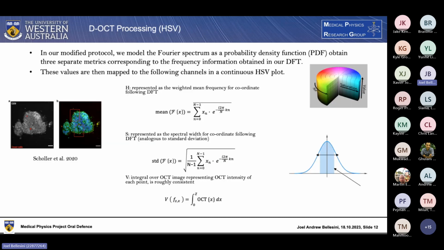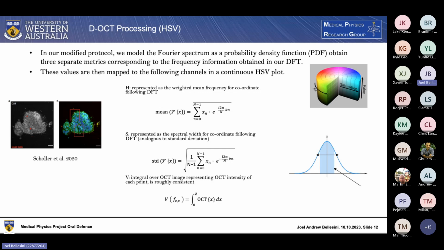as well as what the Scholler paper did, which is a frequency probability density function type of analysis, where we treat our frequency spectrum sort of as a probability density, in which we can obtain a hue, saturation, and variance plot, where these are all mapped to different metrics.